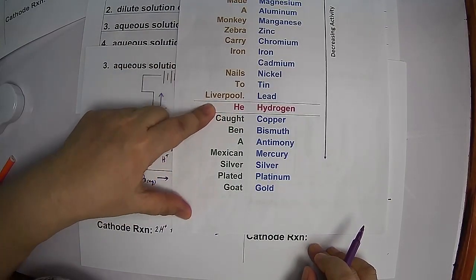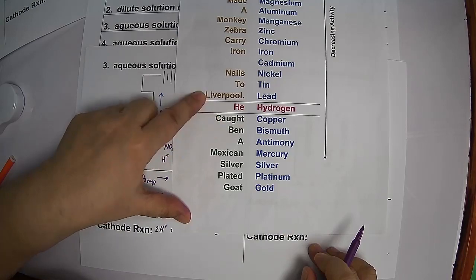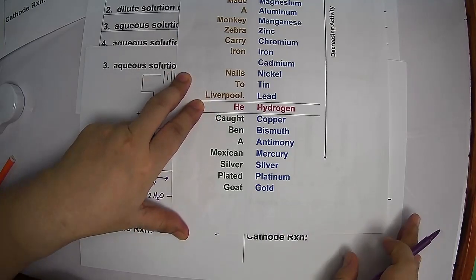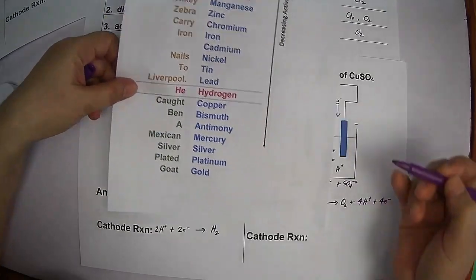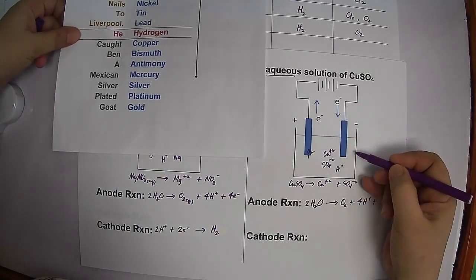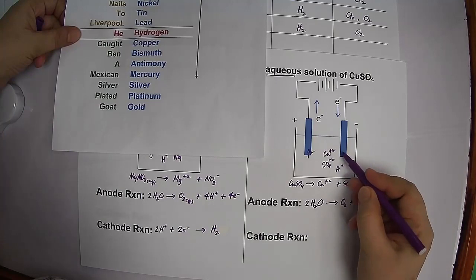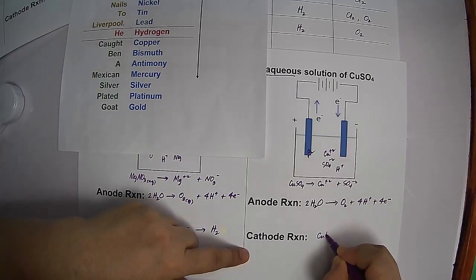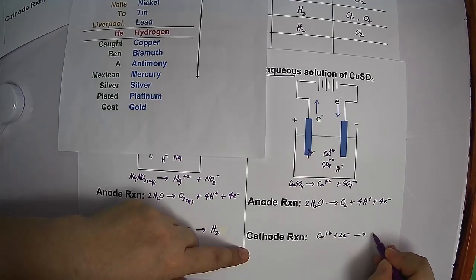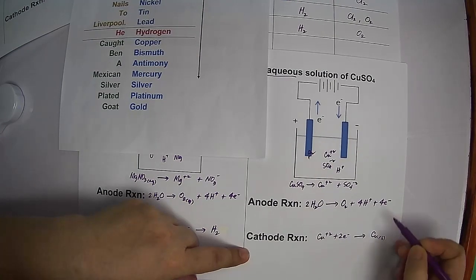It has a greater tendency to accept electron than hydrogen. So the presence of copper being below hydrogen, it is the copper that will reduce. So we have copper ion +2 plus 2 electron will be reduced to copper solid.